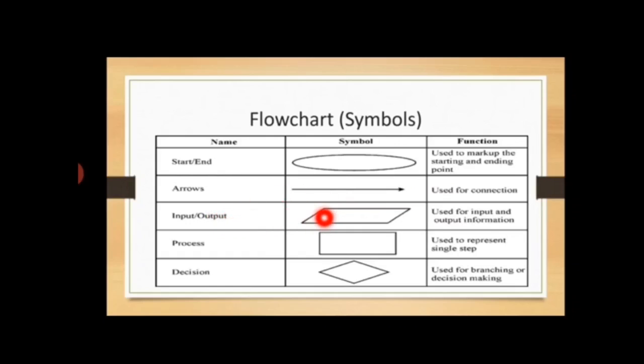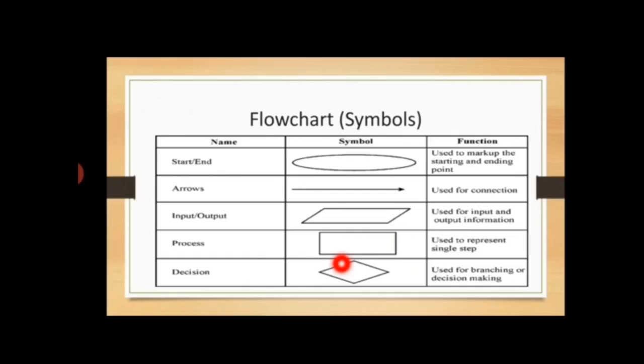Third one is input and output. This is the parallelogram shape, used for input and output information. Then the process is the rectangle box, used for processing the arithmetic operation.